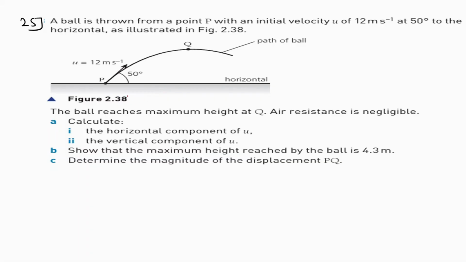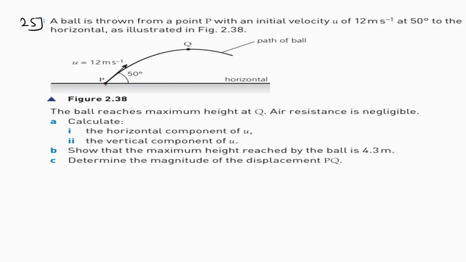Question number 25 says a ball is thrown from a point P with an initial velocity u of 12 meters per second at 50 degrees to the horizontal, as illustrated in figure 2.38.